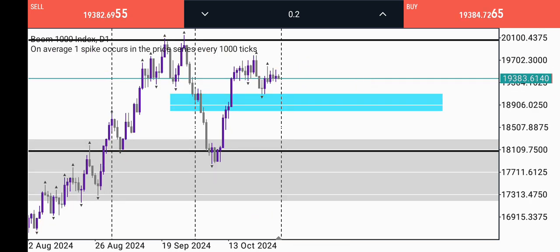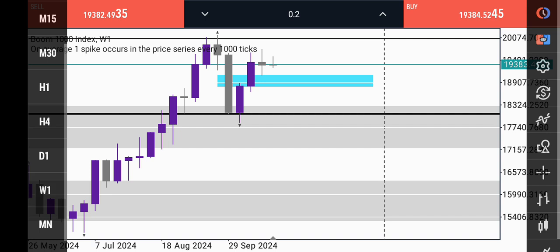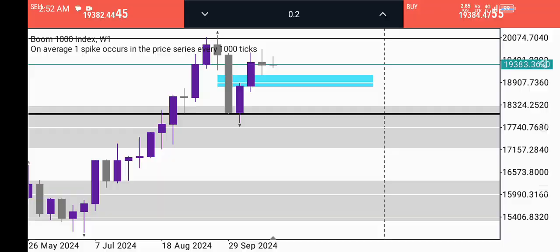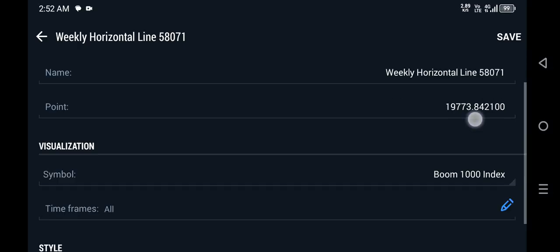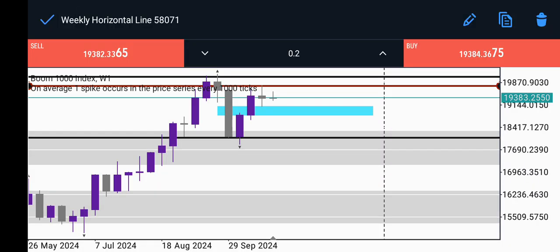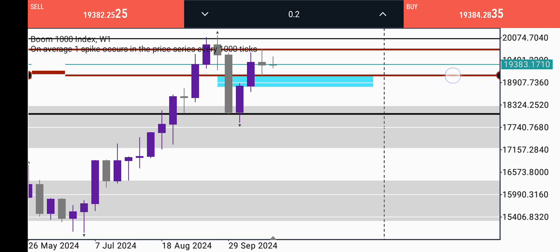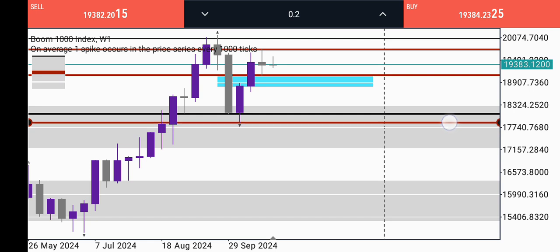Here too, on the weekly, you can see that price was moving. The last part was a doji. Let me mark the previous daily candle, the high and the low, the way I mark on all of my analysis.